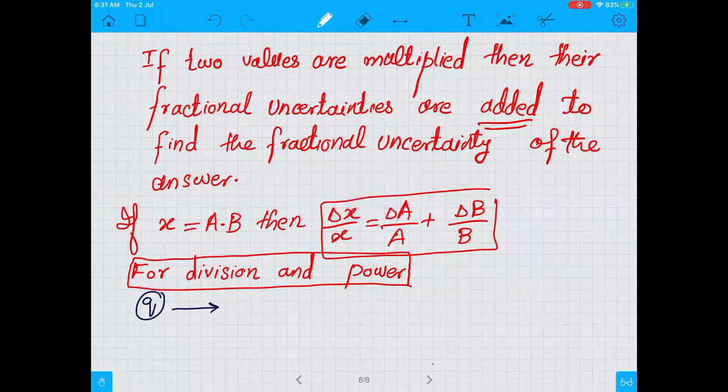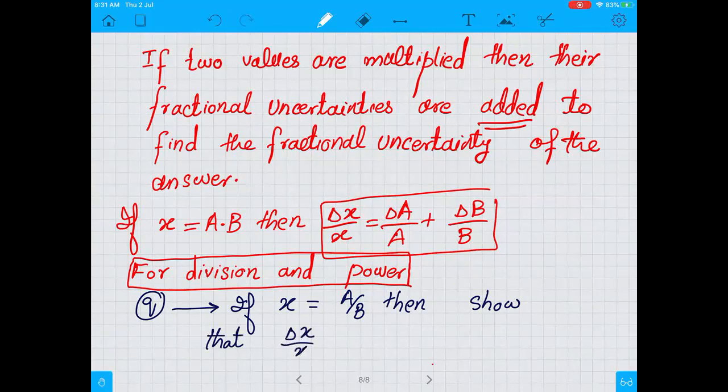You have to show that if x is equal to a over b, then delta x over x is equal to delta a over a plus delta b over b. This is what you have to prove.